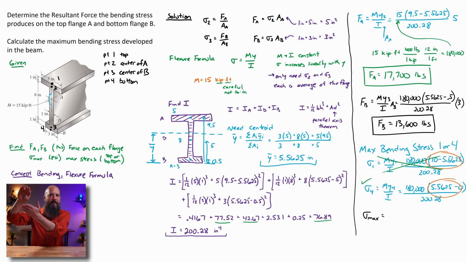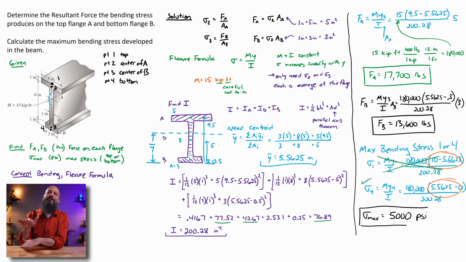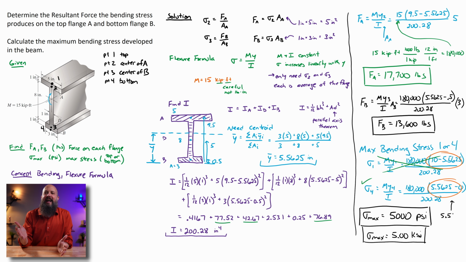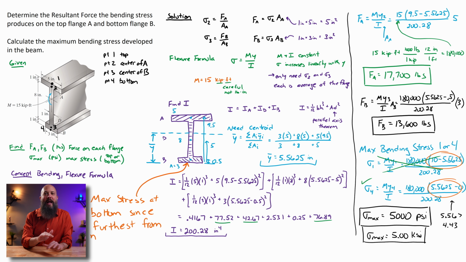There's a distance on the top of only 4.3 and a distance on the bottom of 5.6. So we know that sigma 4, the max bending stress on the bottom, is going to be larger. So we can actually do the calculator work here and get 5,000 psi as the maximum bending stress, which you could call 5.0 ksi, max bending stress for this I-beam.